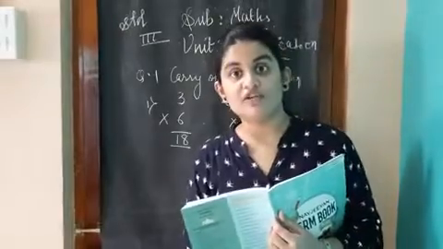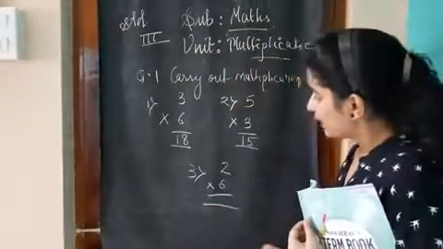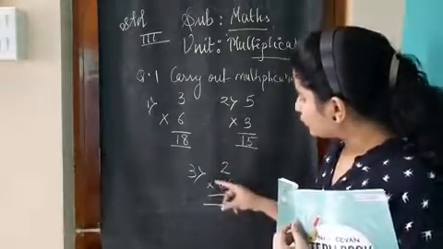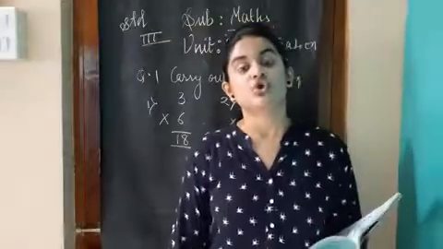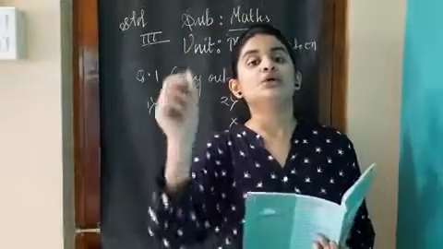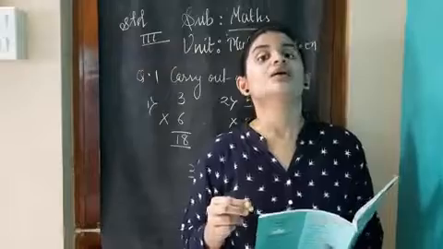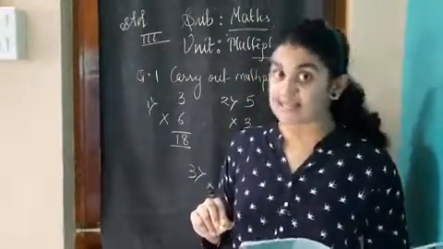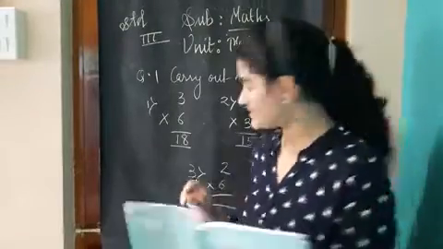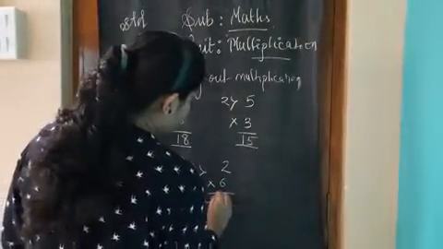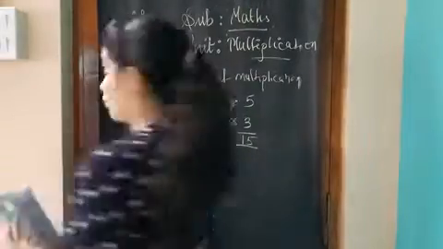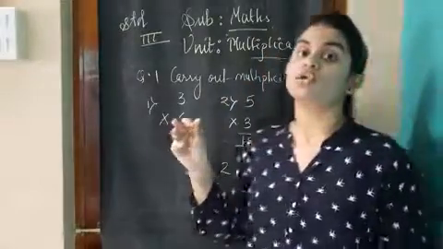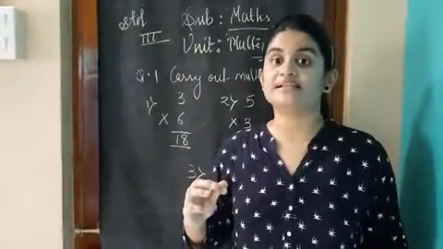So now let us solve the last table, that is 2 into 6. So who will tell me what is 2 sixes? 2 sixes is 12. Right, students? So now we will write 12. Okay, students? So students, for this lesson, you need to know all the tables, right?